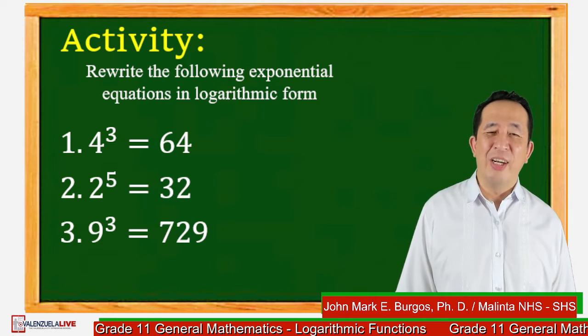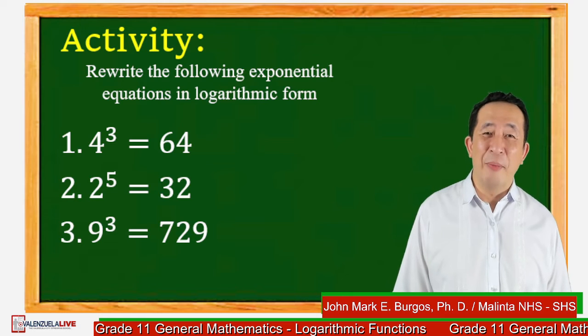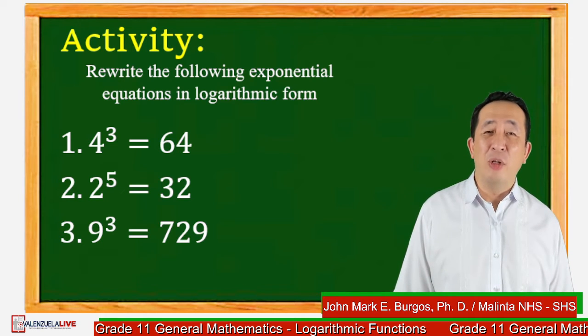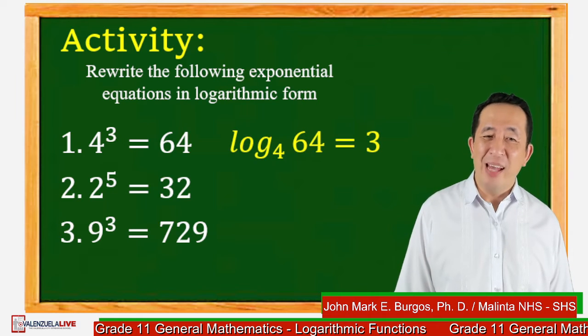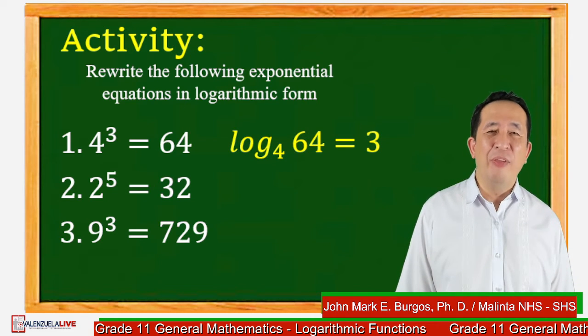Let us answer the following questions. Number 1, 4 raised to the power of 3 is equal to 64. The answer is logarithm of 64 with base 4 is equal to 3. Number 2, 2 raised to the power of 5 is equal to 32.